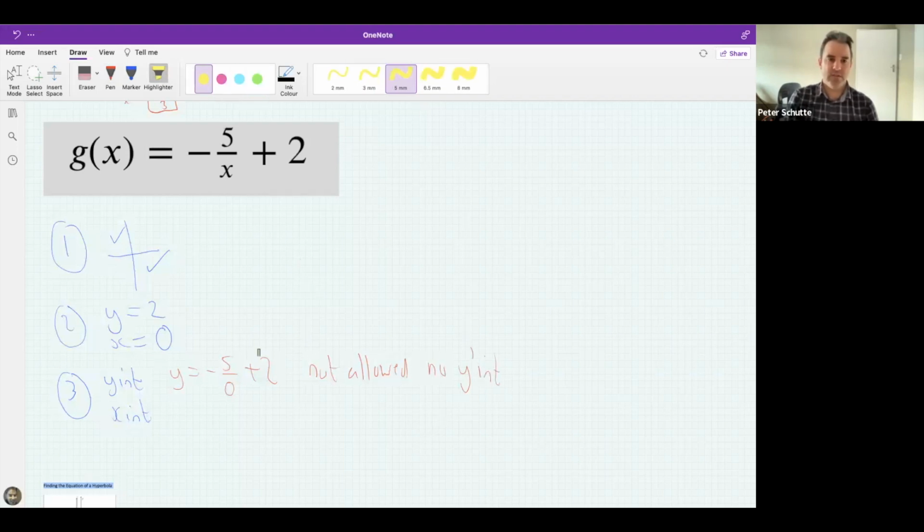So you'll see that I'm saying that this graph has no y-intercept. And the reason is that if I make x 0, in this case, that isn't allowed. It causes division by 0. And what that means is there's no y-intercept in this graph. And that's okay. You'll see now in a moment why that is.